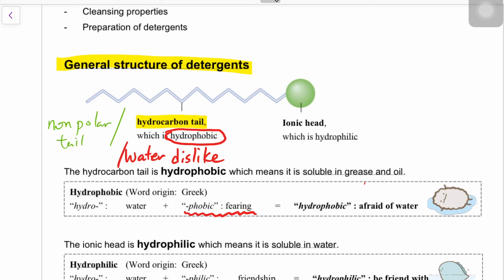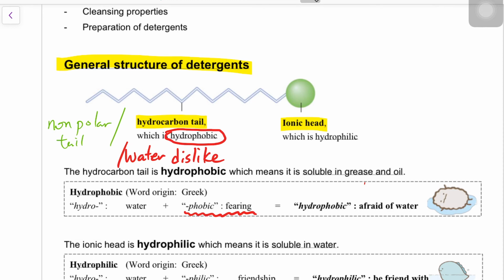But only the hydrocarbon tail is not enough. We need an ionic head. Ionic head means this is a cation or anion or anything that carries a real charge, not delta positive or delta minus. It's a real charge with the charged ion.